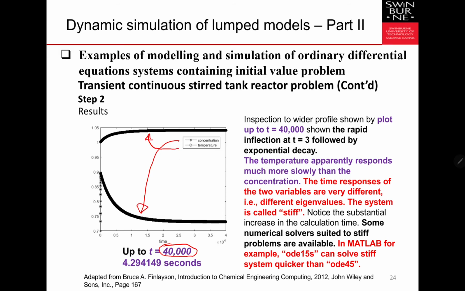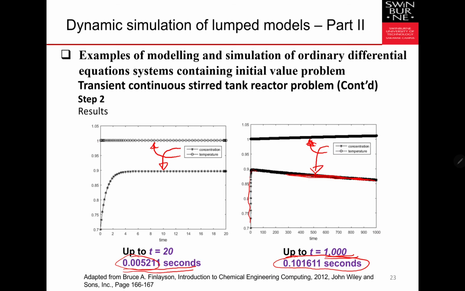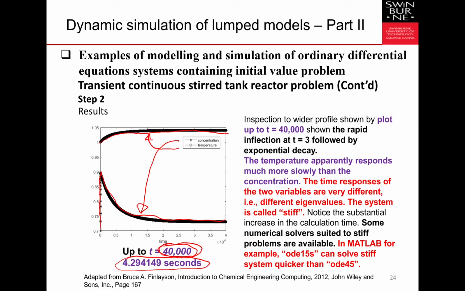So now we can see that the real profile for the concentration is actually going up and then decaying down, whereas temperature is increasing very slowly from 1, I think, to around 1.04. So what we can observe in here is once we increase it to 40,000, the computational time required increases by another 1 order of magnitude.